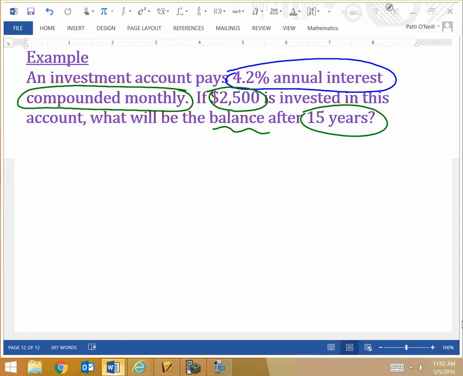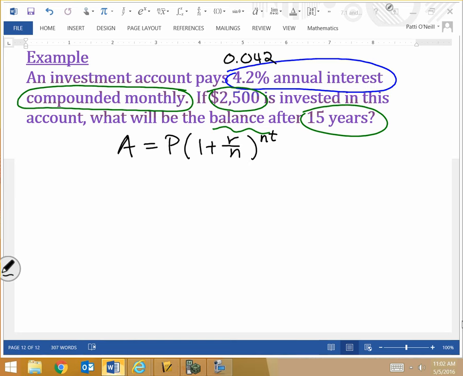So let's look at our formula. Our formula is A equals P times the quantity of 1 plus R over N to the NT. Now, what do we know? The 4.2% is our R value. We're going to write it as 0.042.